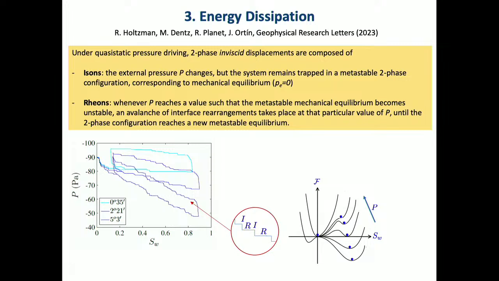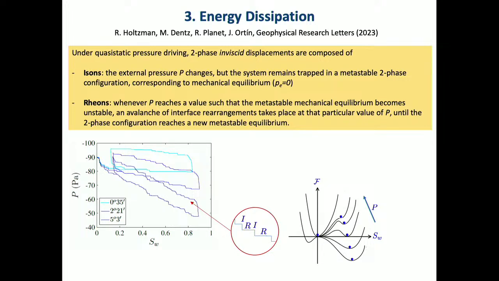Okay. So the whole evolution is composed, if you put a magnifying glass here, of steps of isons with these jumps, the rheons, these horizontal portions. Rheons are irreversible and correspond to the large changes in saturation. Isons also involve little changes in saturation, as you can see here.